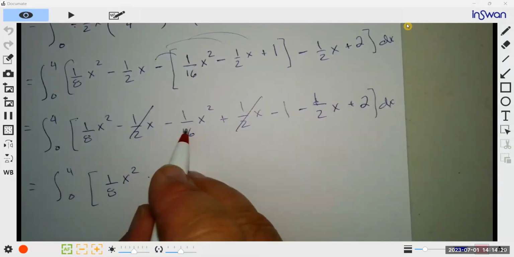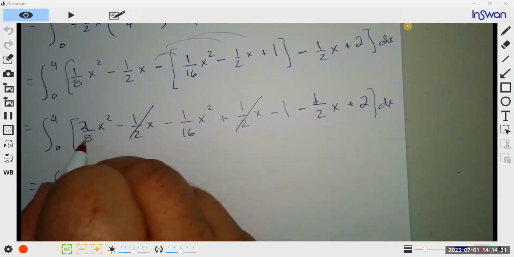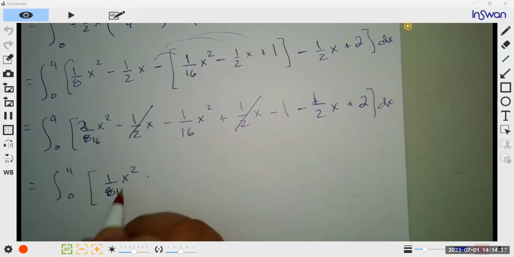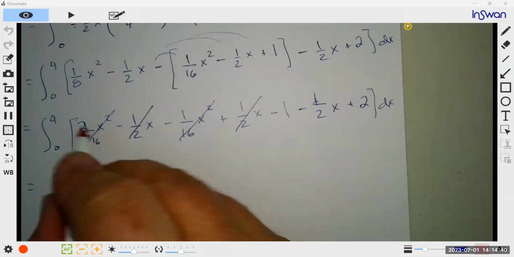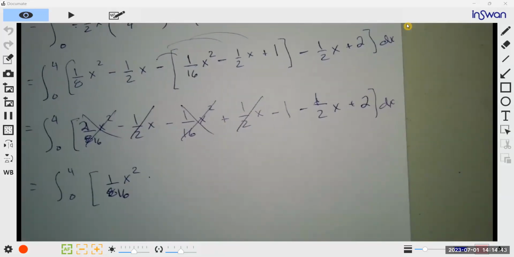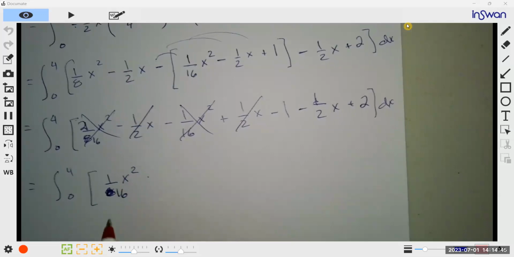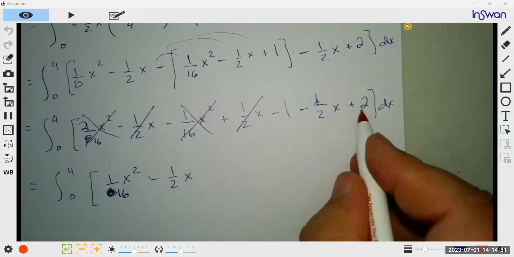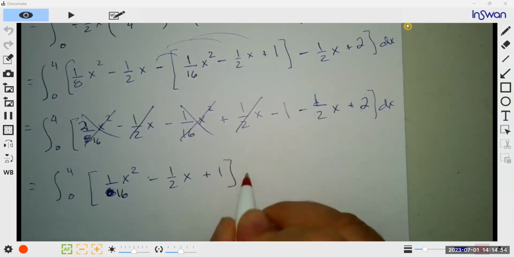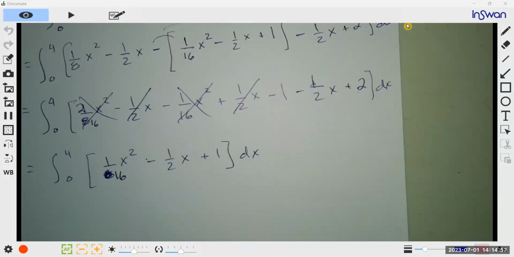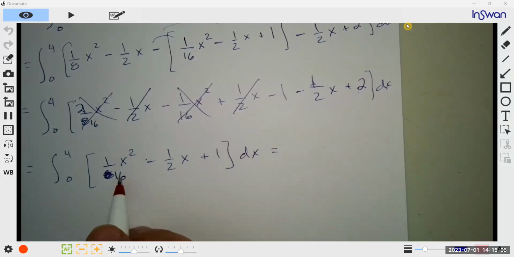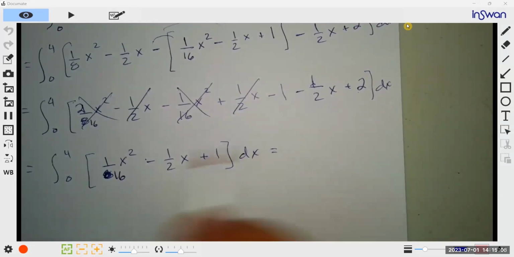I can combine these two. So this would be 2/16 minus 1/16 is 1/16. So it's 1/16 x squared, minus 1/2 x, plus 1. Yeah, I'll leave it the way they are.